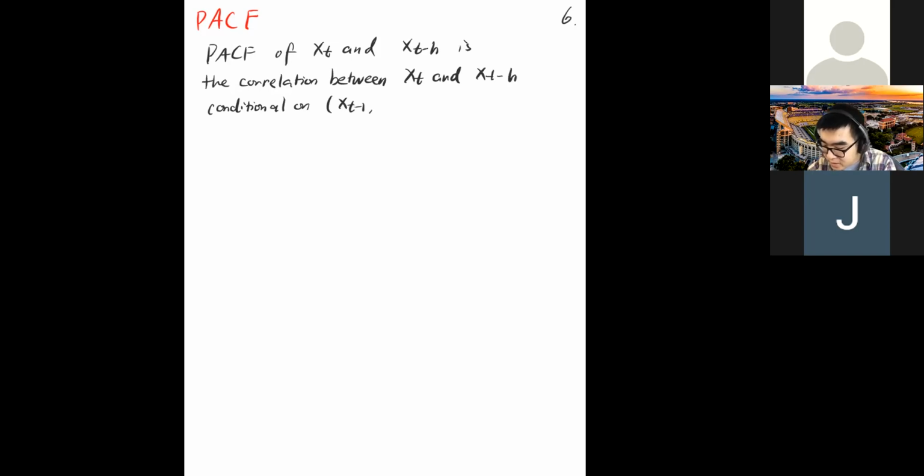So xt minus 1, xt minus 2, all the way to xt minus h plus 1. So that's the PACF.